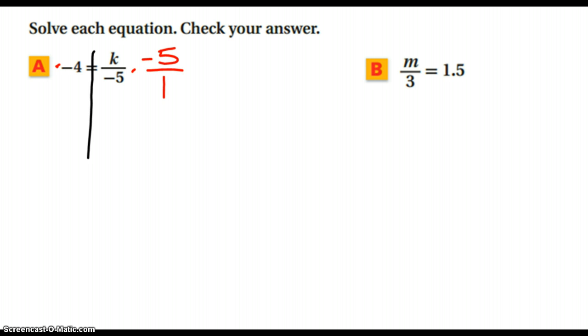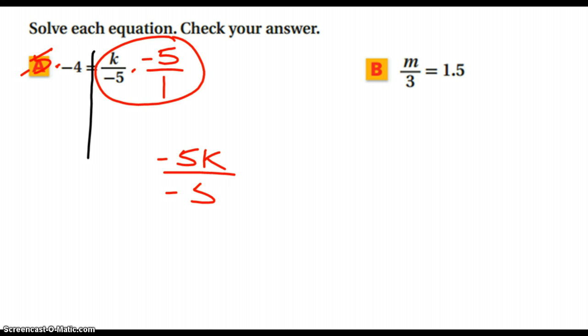And whenever there's fractions, I like to put it over 1 so we can see what's actually happening here. Now if I were actually to multiply this out like two fractions being multiplied, I'd have -5k over 1 times -5. But if I look at this further, I could divide and reduce by -5.